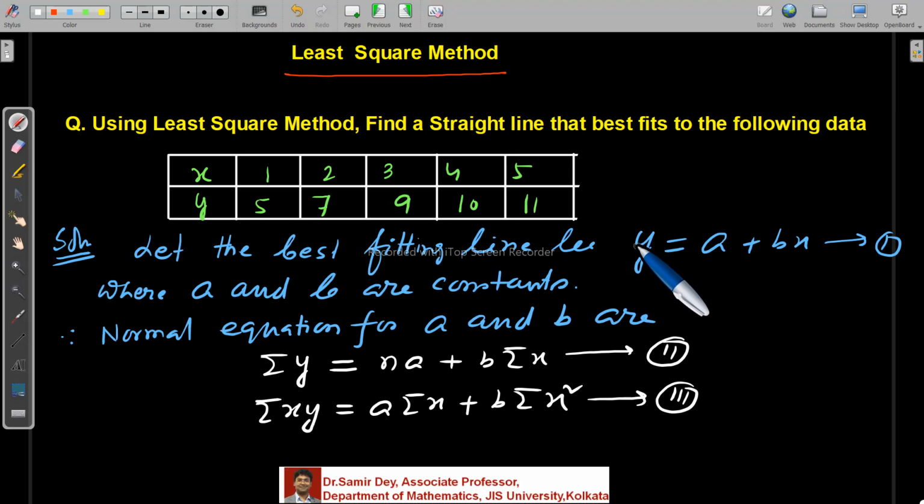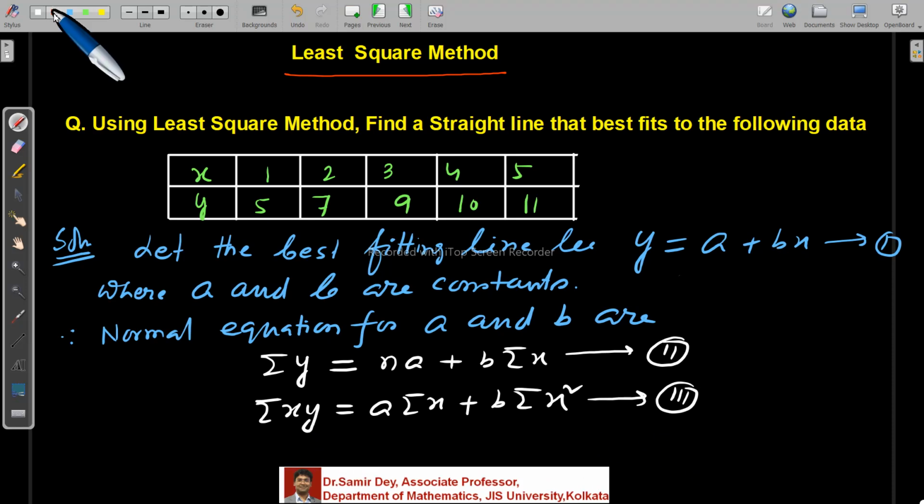If I consider all the data, you need to consider summation. So from the equation, summation y, summation a means n number of a you should add, so it will be na, and b summation x. The second equation comes by multiplying x with equation number 1, that is x into y, x into a plus b into x square. If you take summation you will get this one.